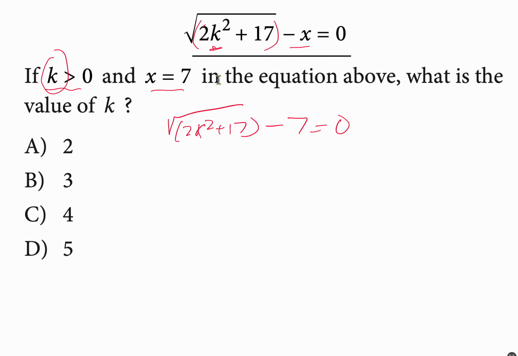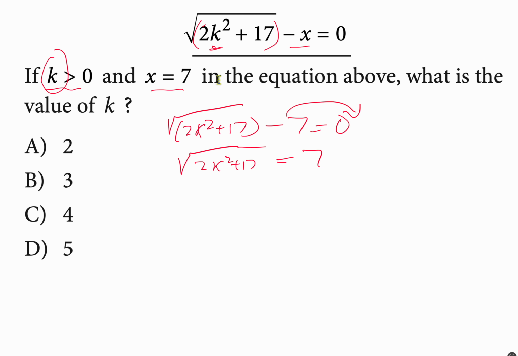So the negative 7 is out here, so we move it over here, so you have the square root of 2k squared plus 17 equals 7, right? Because over here you have a square root, to break the square root, you basically put a square on both sides.